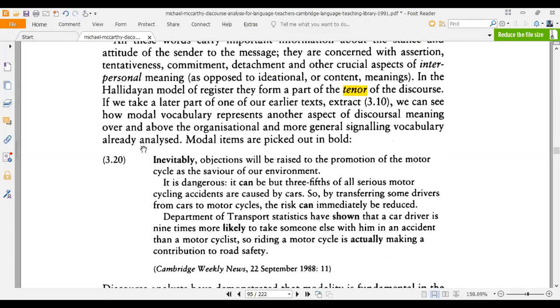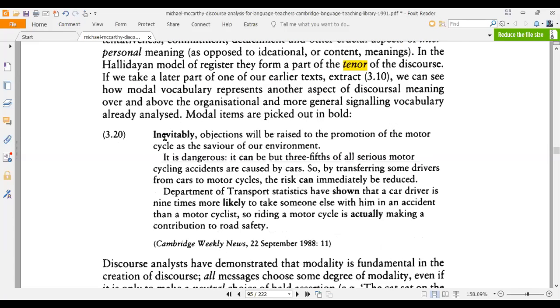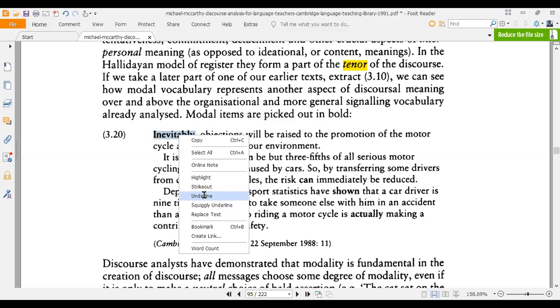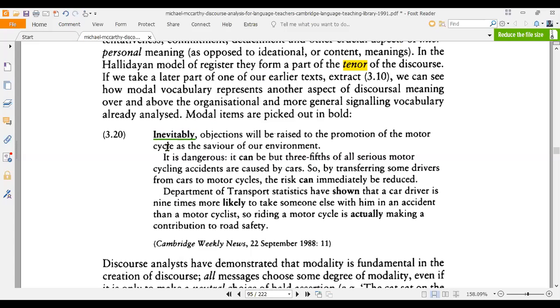Here is one example, 3.20: Inevitably, objections will be raised to the promotion of the motorcycle as a savior of our environment. Here is the word inevitably. It is an adverb, and it is used as a modal because it has a meaning that expresses modality.